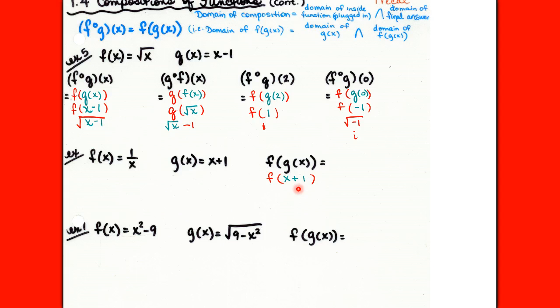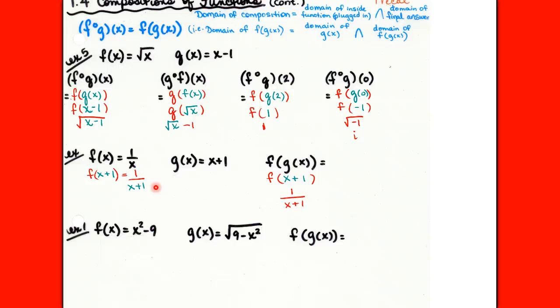What does f of x plus 1 tell me to do? Put x plus 1 in the place of x in the f function. So I would get 1 over x plus 1. So those are my compositions.